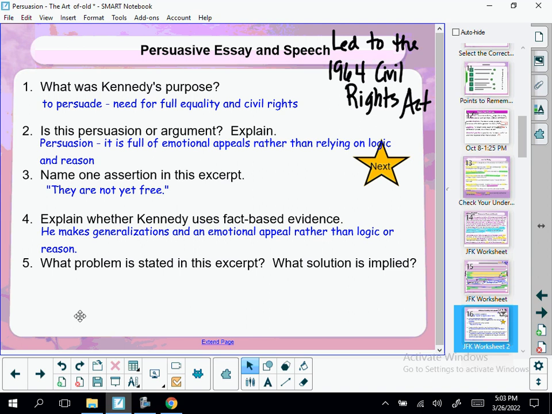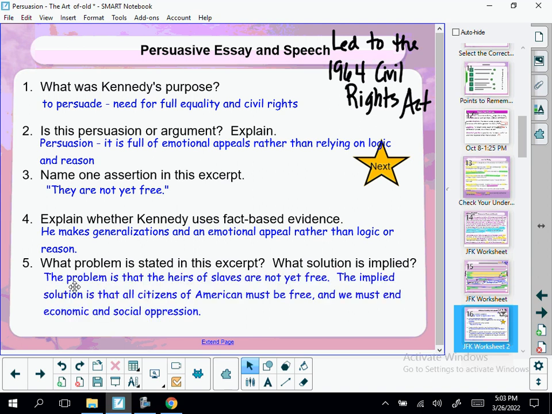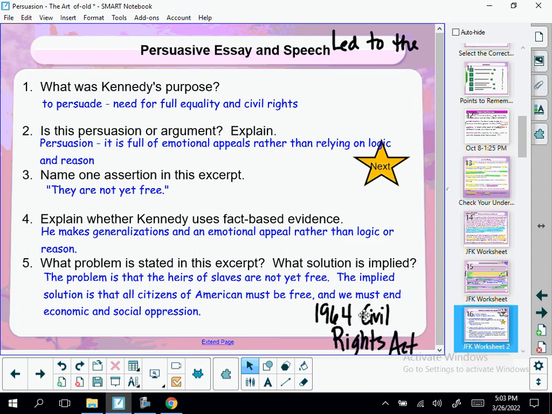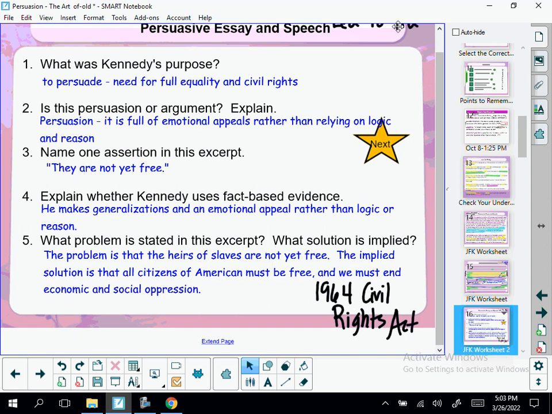And he is trying to tell us that the solution, and the only solution, is that we must do something to change this. And like I said, this is going to lead to the 1964 Civil Rights Act, which was an attempt to even the playing field between blacks and whites.